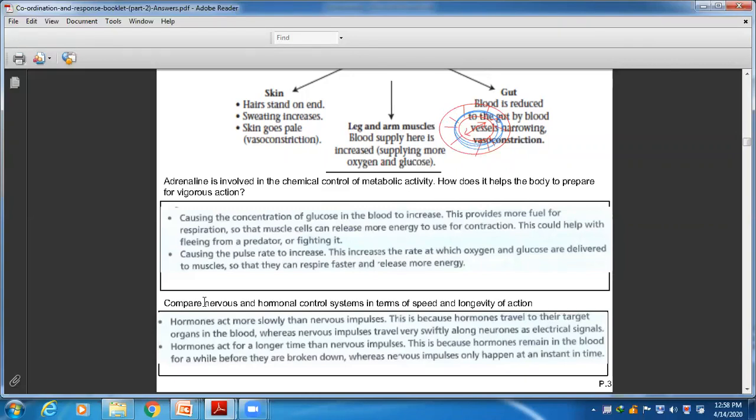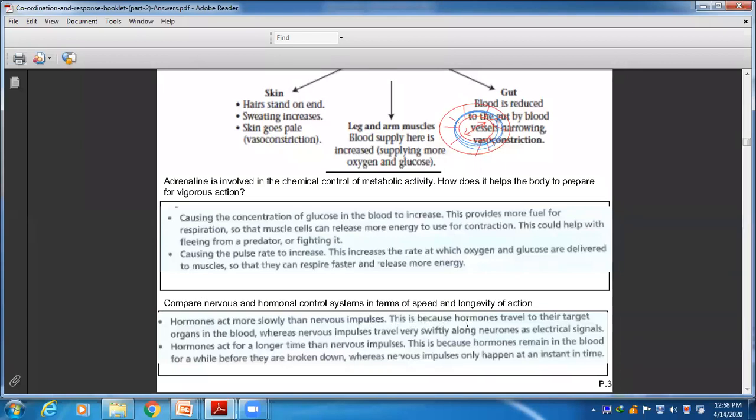Impulse is an electrochemical signal, so impulse is very fast. The changes that come in your body are fast compared to hormonal. Hormones act more slowly than nervous impulses.